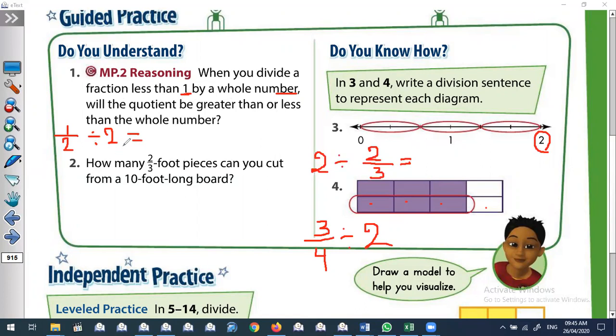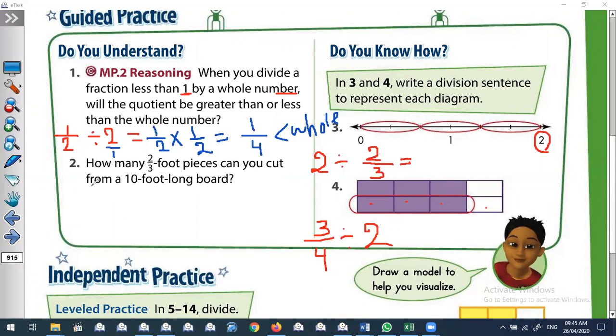Put 1 under 2, drop as usual, change, flip: 1 over 2. So it will be 1 times 1 is 1, 2 times 2 is 4. So the answer is less than the whole number, because the whole number is 2 and the answer is a quarter. So the answer is less than the whole number.